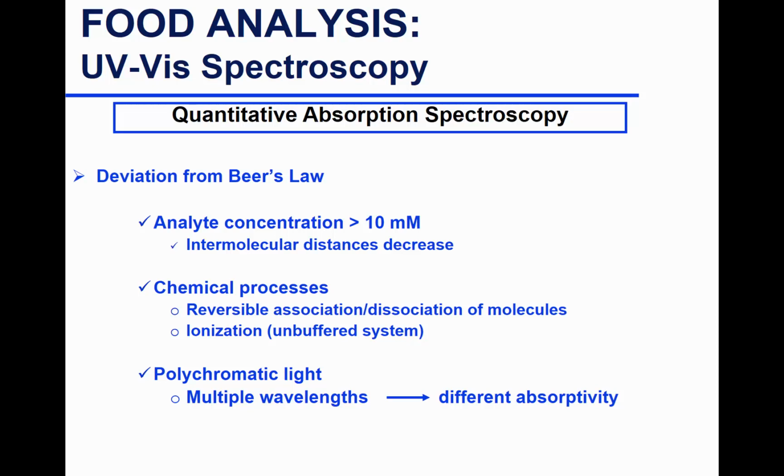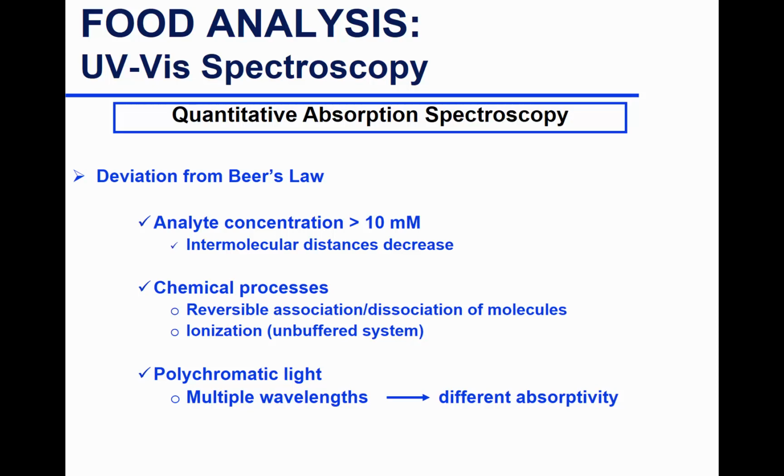Deviation from Beer's law. There are certain instances where we cannot apply A equals epsilon b c. When the analyte concentration is greater than 10 millimolar, when you have relatively high concentration, your molecules are very close in space to each other.